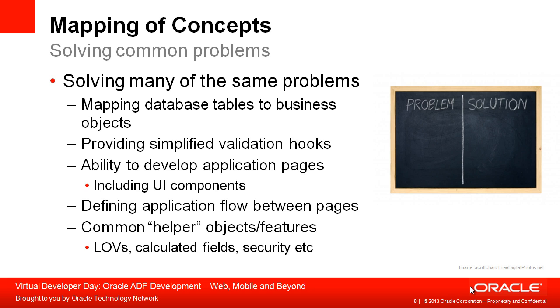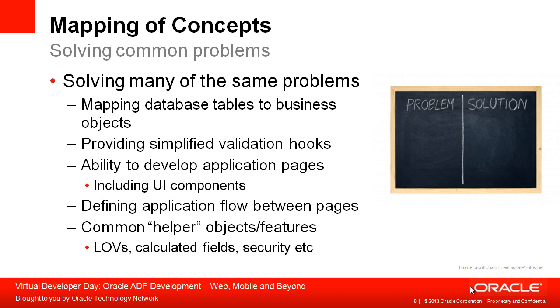You'll want to develop pages of your applications, and you'll want user interface components: buttons, checkboxes, text fields. You'll want to define a flow between the pages in your applications, like call form and open form in Forms. And of course, there are many other helper objects or features that make life much easier. So list of values is a very useful feature.